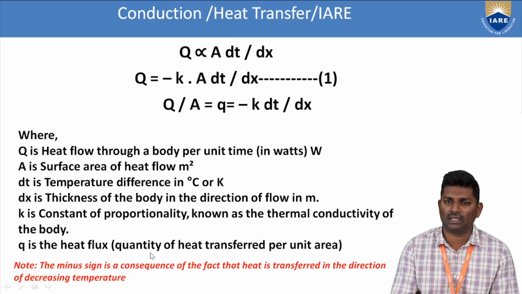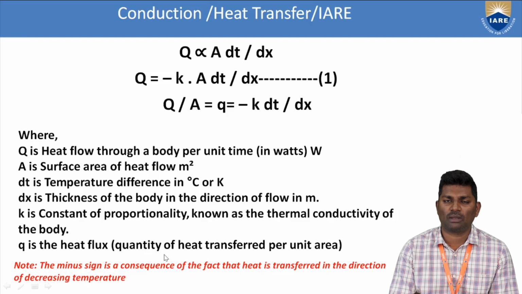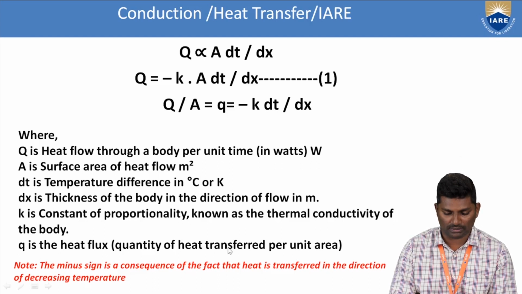So x, y, z varies depending upon the direction you are considering. k is the constant of proportionality, called the thermal conductivity of the given material. Thermal conductivity varies with temperature and with material. And q is the heat flux, that is the quantity of heat transferred per unit area. So the conduction equation is given by Q is equal to minus kA dT by dx.